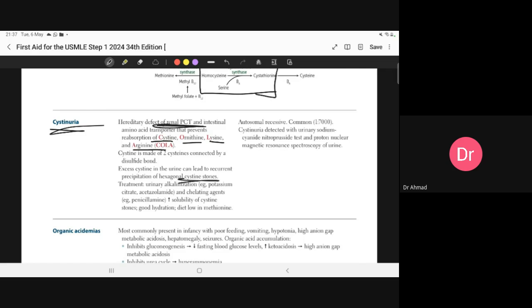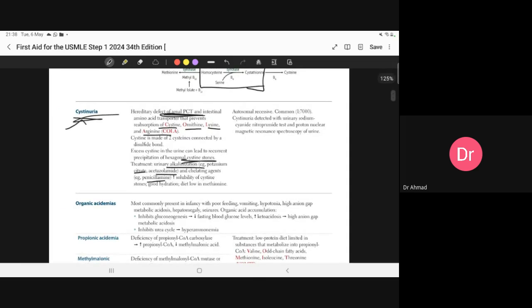As for all stones, you can have alkalinization, citrate, acetazolamide, penicillamine, and so on. In your assessments or practice exams, I haven't seen this much being tested, but it's always good to keep some idea of where the defect is. It's your proximal convoluted tubule. The defect is that you cannot absorb your amino acids, and that leads to stone formation.